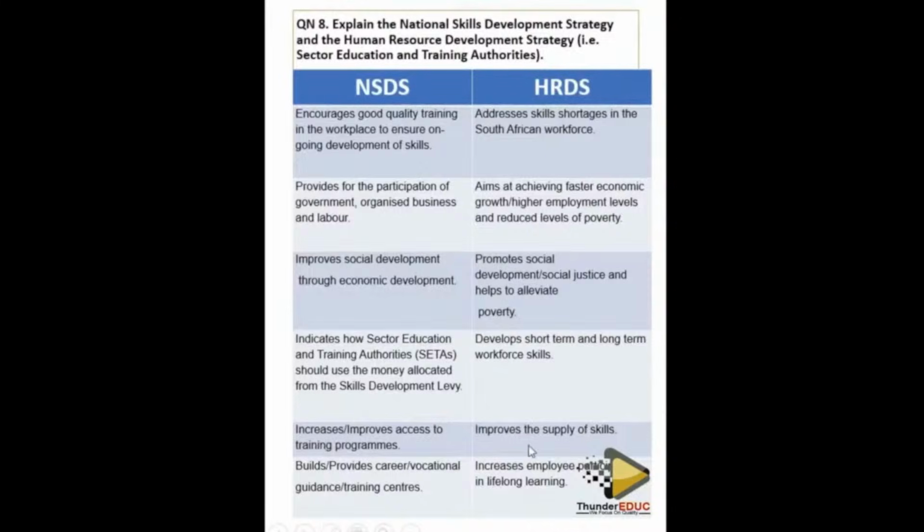While HRDS only checks the supply of such skills, to make sure that indeed these skills are given to these people. Lastly but not least, NSDS builds training centers. If training centers are needed, they make sure that they build them. And if training centers are needed, they also make sure they find the venue so that such training can take place.